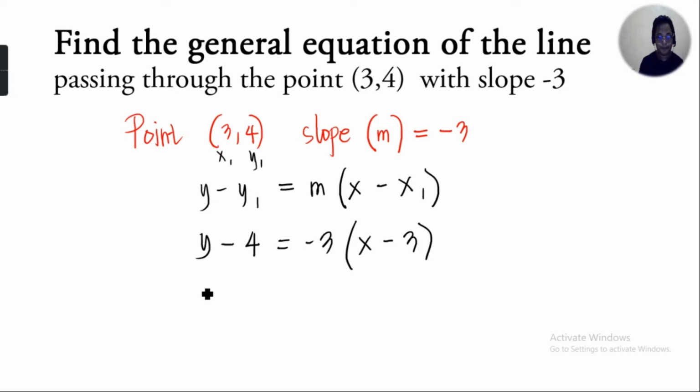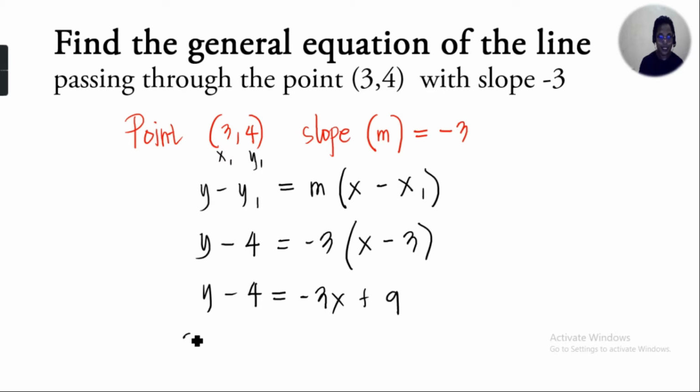Then simplify. Y minus 4 is equal to, distribute negative 3 to x minus 3, so negative 3 times x, negative 3x, negative 3 times negative 3 is positive 9. Then, rewrite, or we're going to transpose the terms in the right side to the left side.